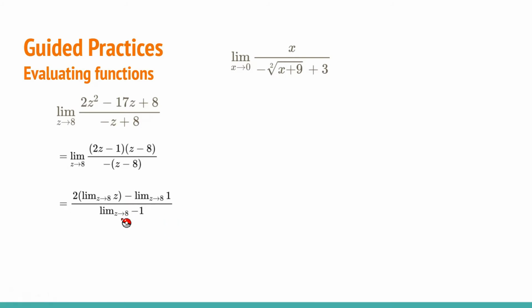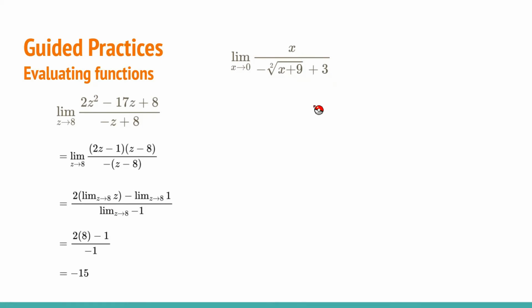Again, over the limit of negative 1 as z approaches 8. And then we will get these values. The limit of z as z approaches 8 is just 8. So 2 times 8 minus 1 over negative 1 is just negative 15. 2 times 8, that's 16, minus 1, that's positive 15, times negative 1, it becomes negative 15.